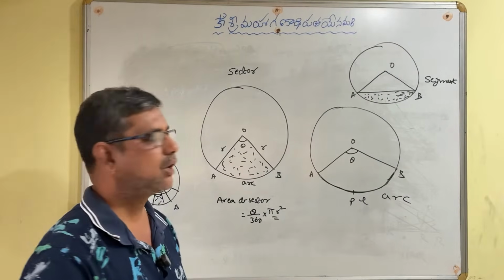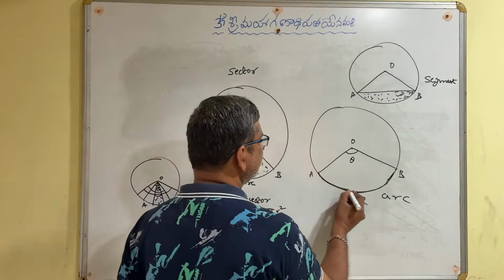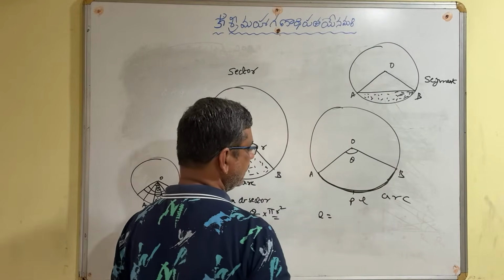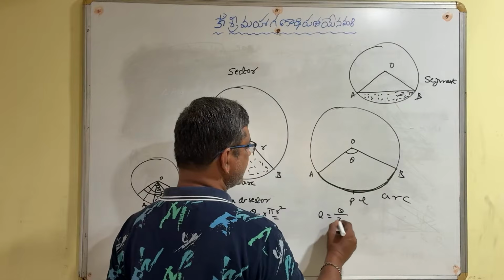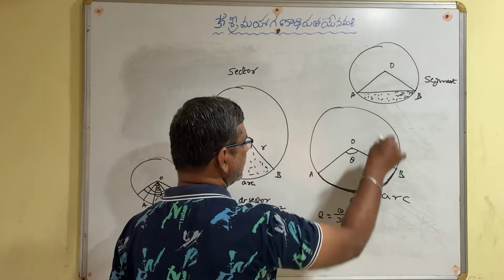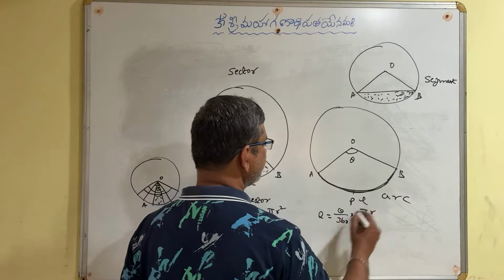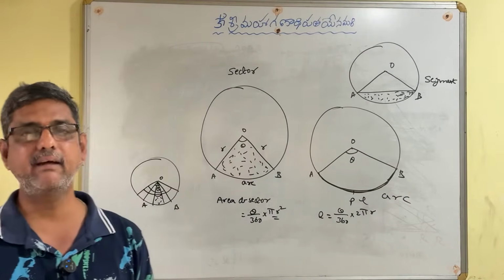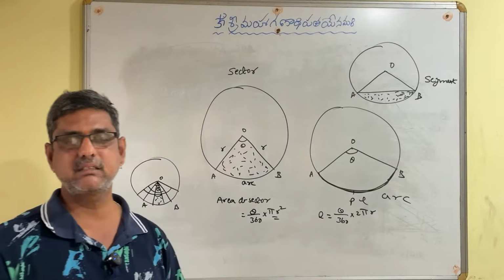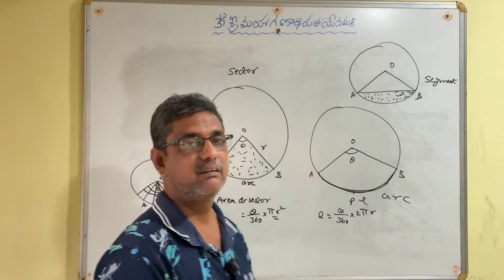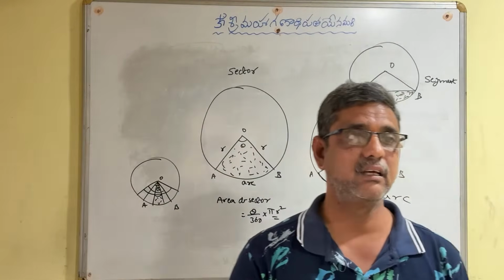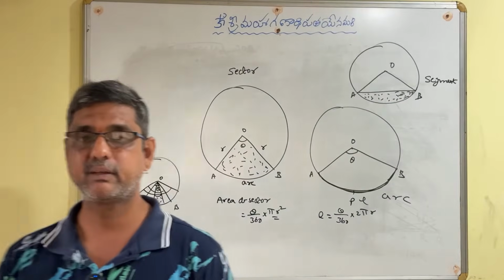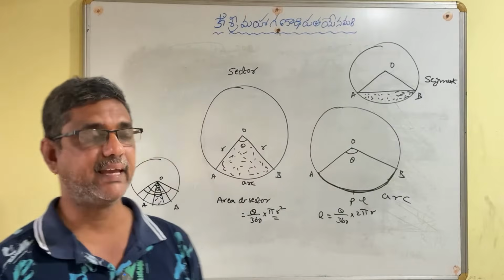So how can we find out length of this arc, which is denoted by the letter L, is again theta by 360 into circumference of circle. If the sector angle increases, length of the arc increases. If the sector angle decreases, length of the arc decreases. It depends upon sector angle.